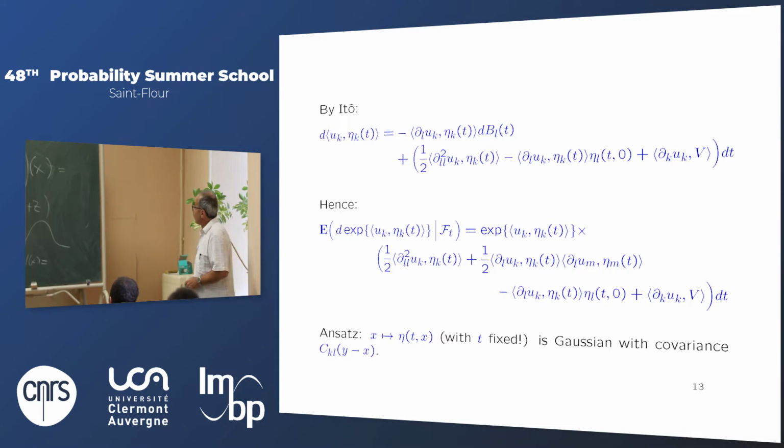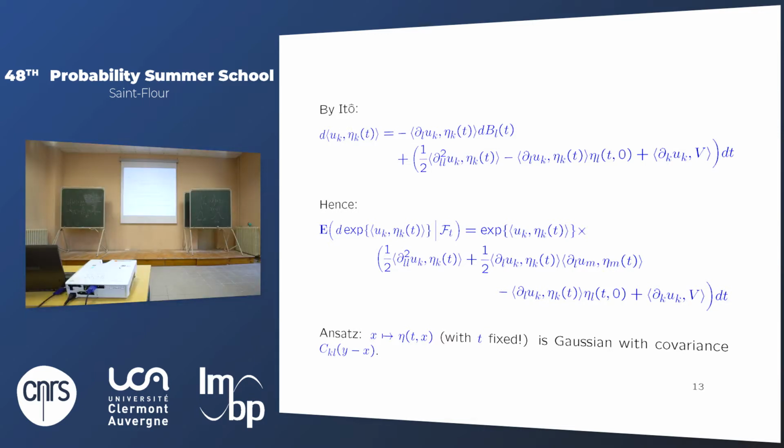Good. That's simple. Now, what I want to prove is the following. Let me give you what I have in mind, because otherwise it's just trying to find something in the dark.